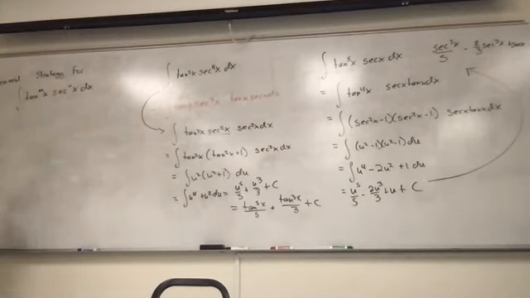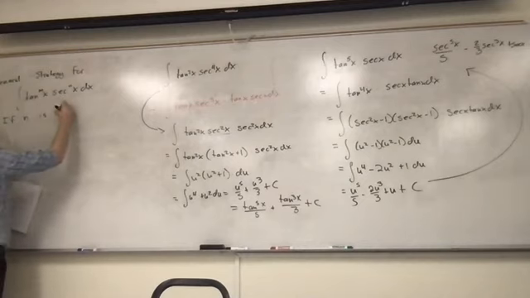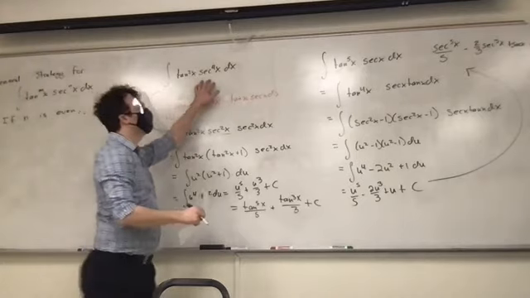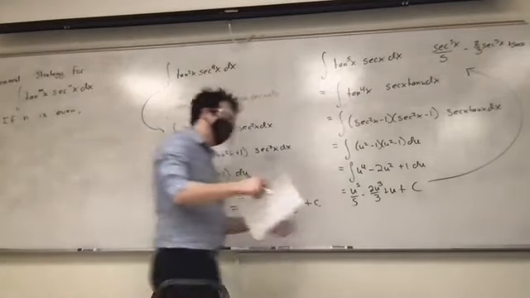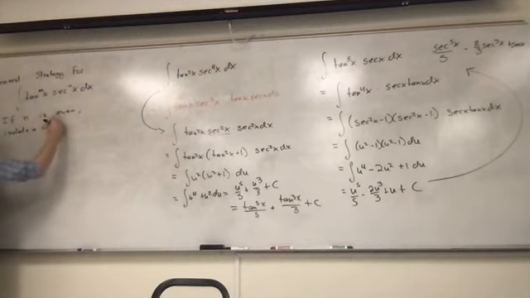So case one, if n, the power of secant, is even, which is what we had happen in this case and is not what happened in the second case, then what we can do is isolate a secant squared x.